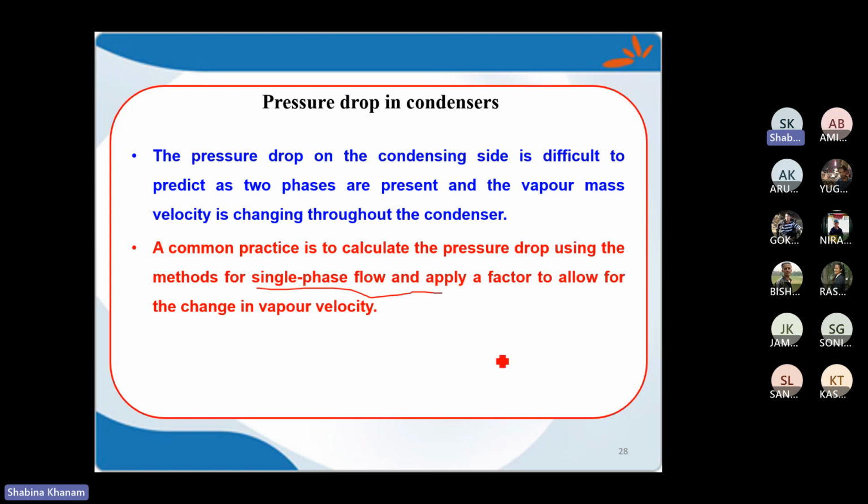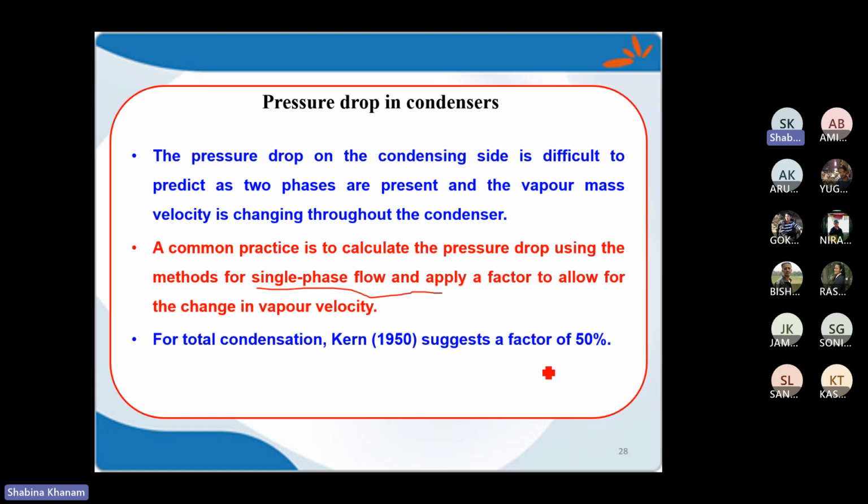Because it is for single phase flow, that cannot be used for vapor directly. So that should be reduced because of the continuous formation of the condensate. Whatever pressure drop you calculate for single phase flow, you need to consider just half of that as the pressure drop on the condensation side.